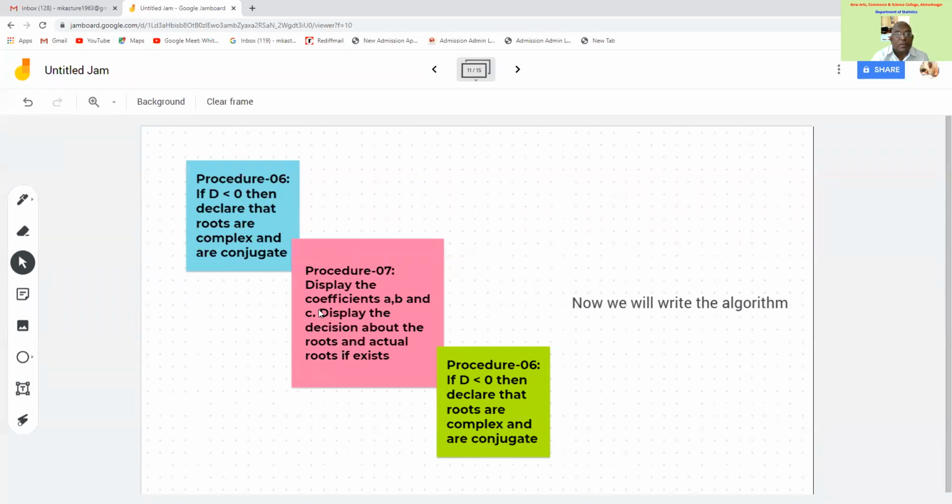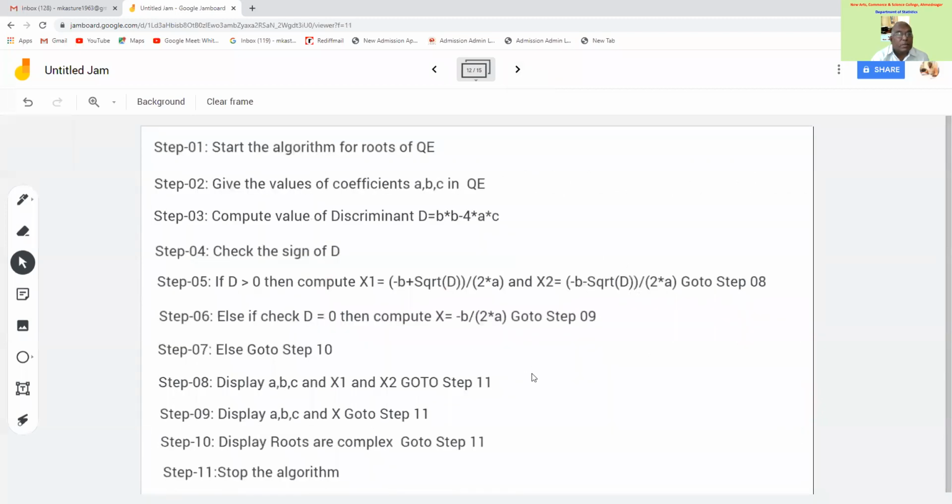And the last procedure is display the coefficients a, b and c. Display the decision about the roots and actual roots if they exist. So this is what our procedure is. Now, let us see the steps.